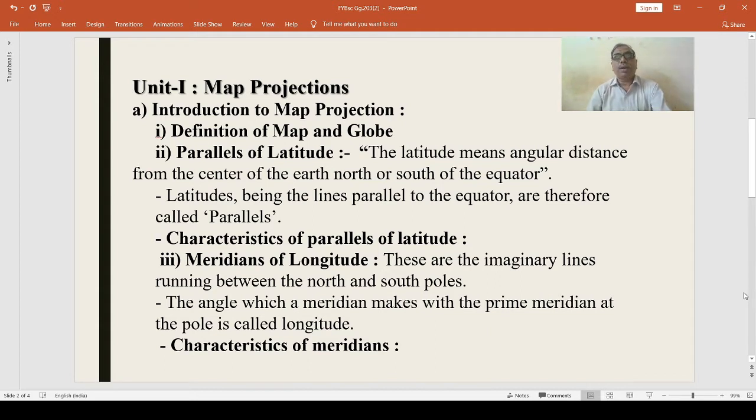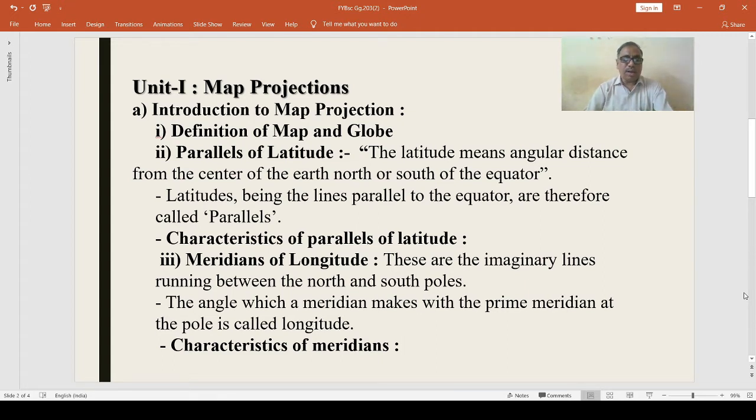Now, parallels of latitude. The parallels are circles. The equator, which is the central parallel, is marked as 0 degree.